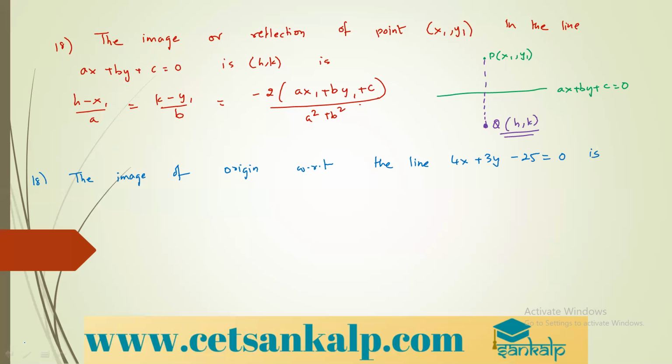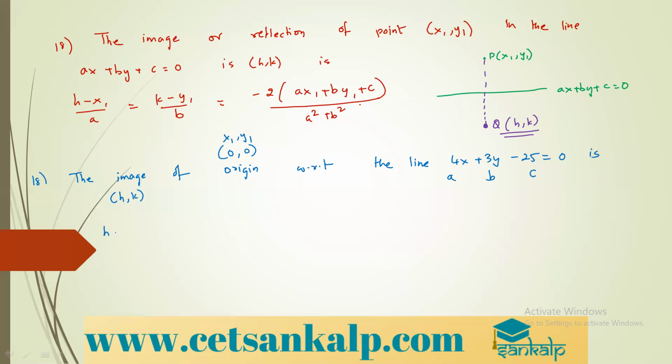So the origin 0 comma 0 we take as x1, y1, and in the line a is 4, b is 3, c is minus 25. On applying the formula, you can find the image h comma k.